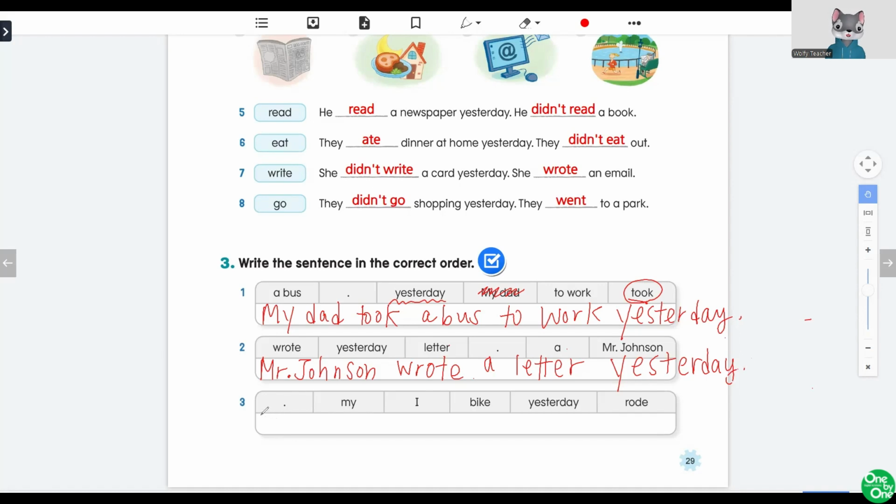It's going to be the capital letter I, and what do we need? The verb I rode. What did you ride? I rode my bike. And when did you ride it? I rode my bike yesterday. All right, fantastic. Please do not forget the bullet points at the very end. All right, that's great. So let's go to the next page, shall we?